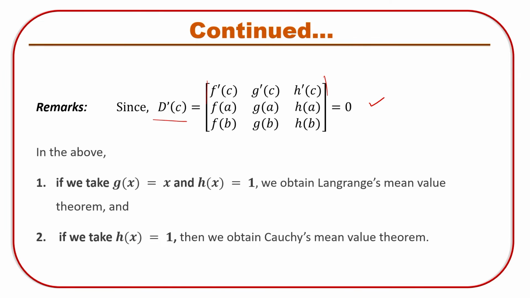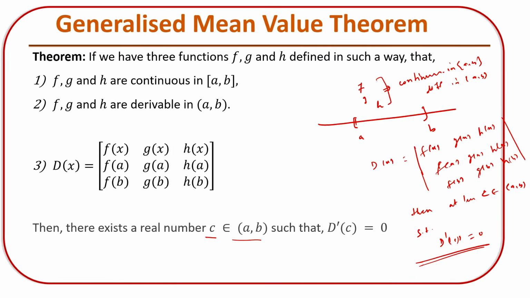So if we take g(x) equal to x and h(x) equal to 1, then this will be the Lagrange mean value theorem. You can check that. Here we have f(x), x, 1, and here f(a), f(b), and since g(x) equals x, g(a) is equal to a and g(b) equal to b, and since h is equal to 1, this will be 1, right?